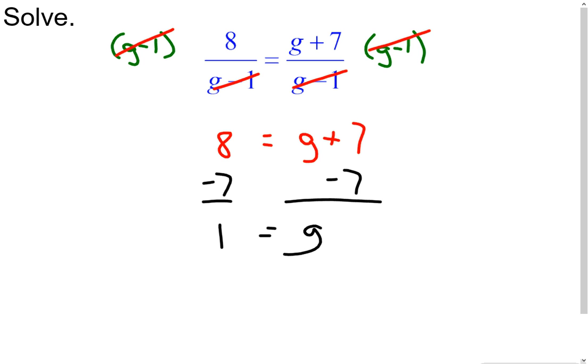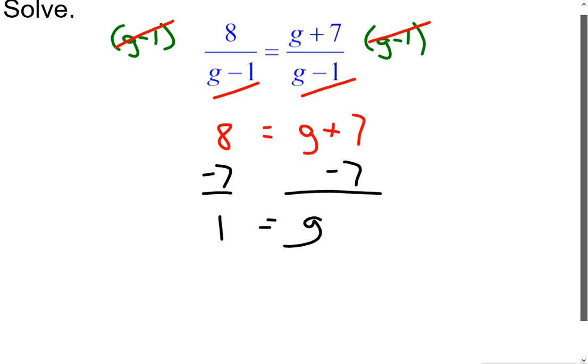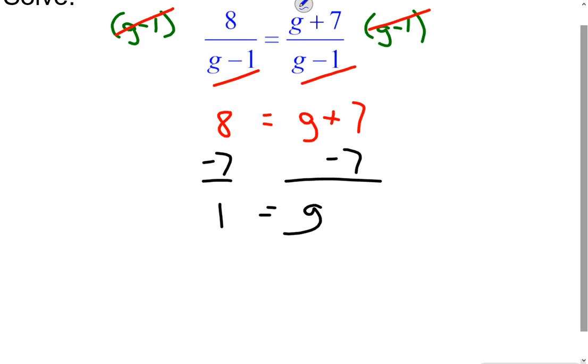But again, I said make sure that we check to see if that solution makes one of our denominators 0. Well, when I look at this or this one, if I put 1 into either one of those denominators, it's 0. Well, I can't divide by 0, because think back, if we were to check this, it would look like this. We'd put that 8, and then it'd be over, we put this 1 in here, 1 minus 1. So that's the left side of this equation.